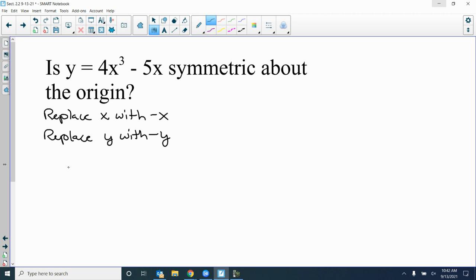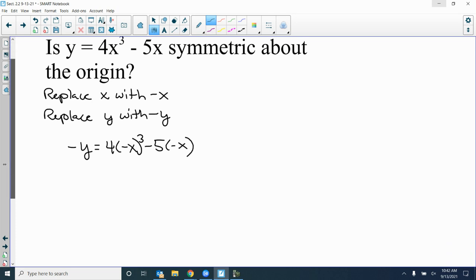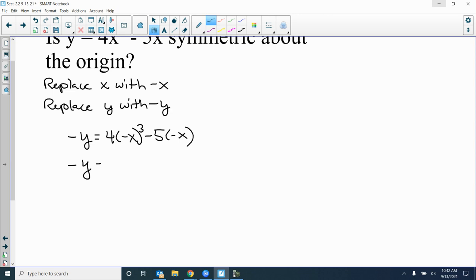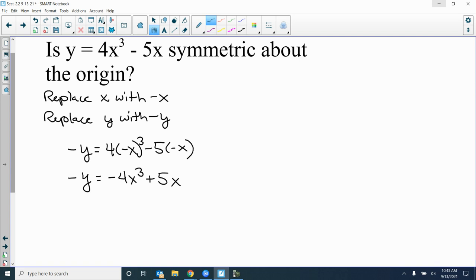And so that becomes negative y equals 4 times negative x cubed minus 5 times negative x. So that is negative y equals 4 times negative x to the third. What does that end up being? Negative, so negative 4x cubed, minus 5 times negative x is plus 5x. You need to look at it close. Is this symmetric about the origin?